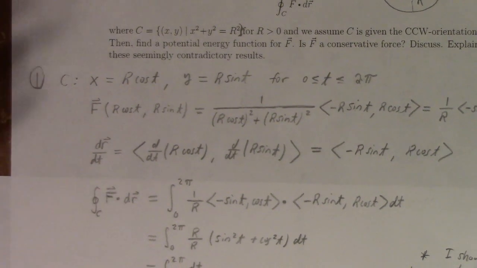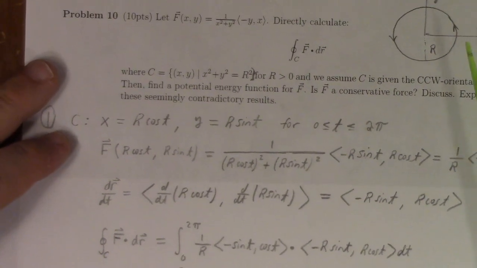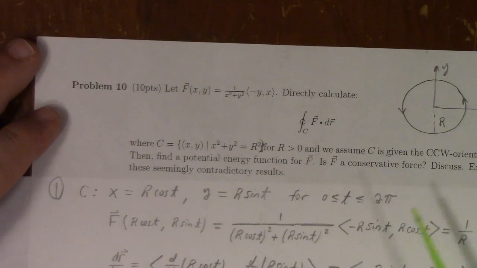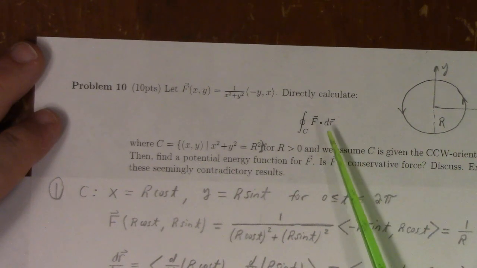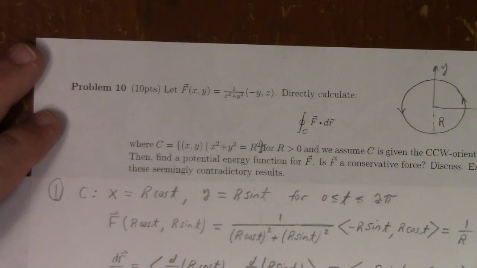But anyway, that's the contradiction: the issue is that it's conservative, but it's not conservative on a region which contains the origin. The force is only conservative as long as you're looking at a region without holes, which doesn't contain the origin. If you contain the origin, then it's not conservative because you've got this non-trivial integral.